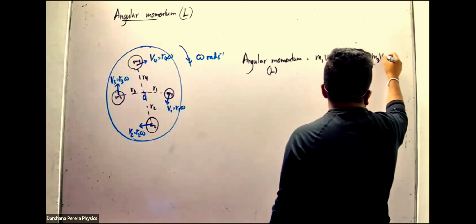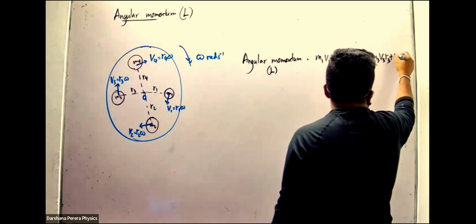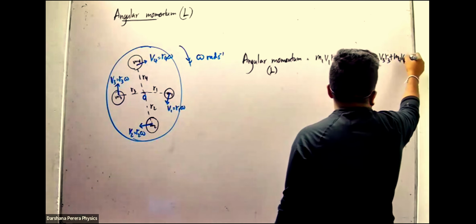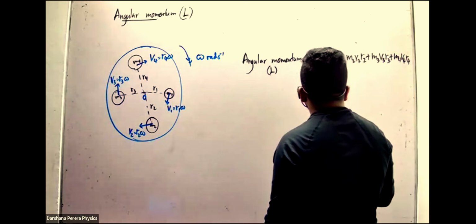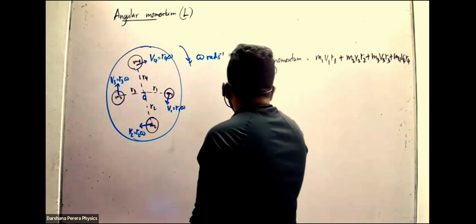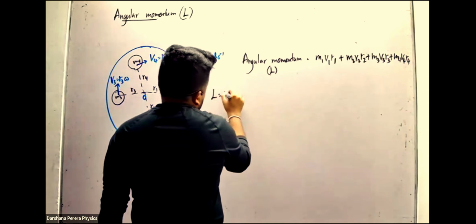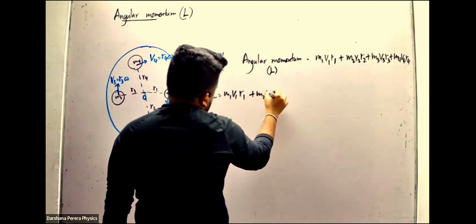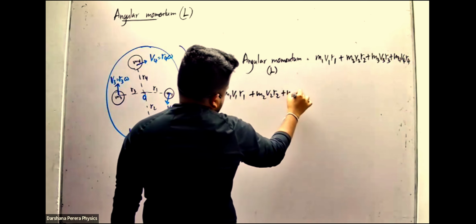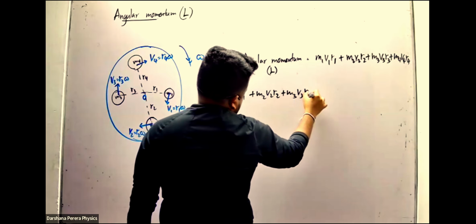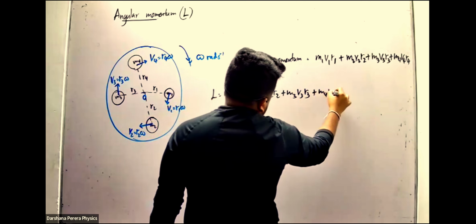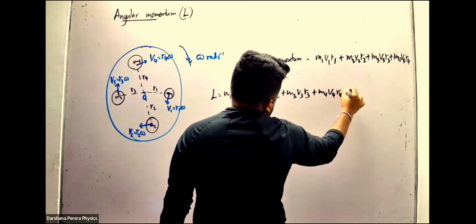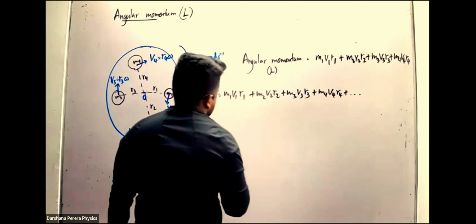M3 V3 R3, M4 V4 R4, likewise. So L equals M1 V1 R1 plus M2 V2 R2 plus M3 V3 R3 plus M4 V4 R4, like that.